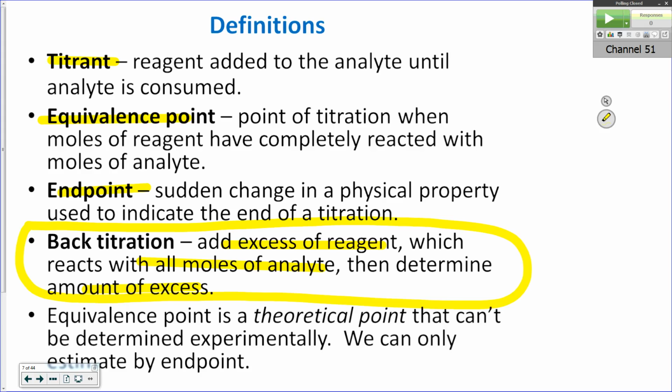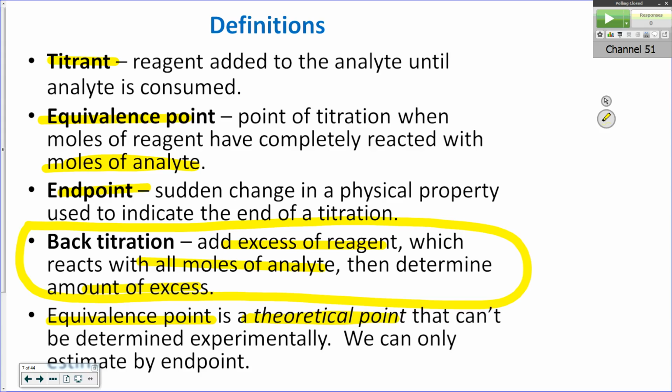The other thing to make sure you understand is the equivalence point is a theoretical entity. We don't know exactly where that is. We estimate that, and we say the equivalence point is when we've consumed all the moles of the analyte. We can't see a solution at a molecular level to know when all of it's actually gone. All we can do is get the best indication of where that might be.